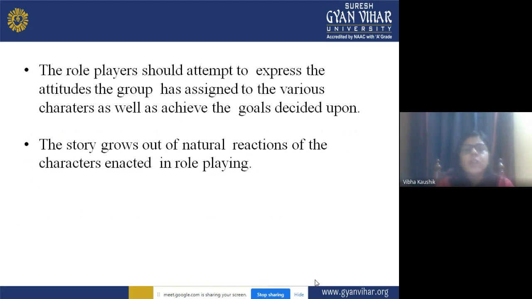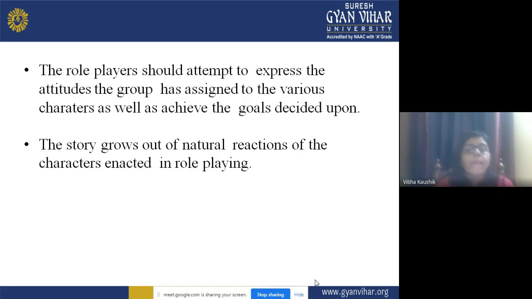The role player should attempt to express the attitude the group has assigned to the various characters, as well as achieve the goal decided upon. You have to achieve the goal you decided upon, that through the role play you want to achieve.